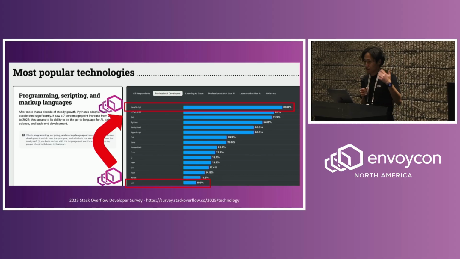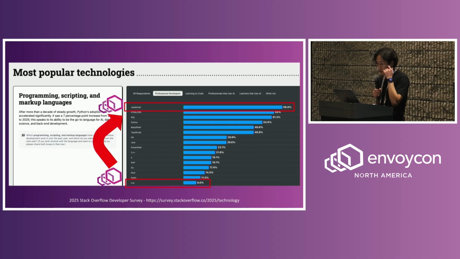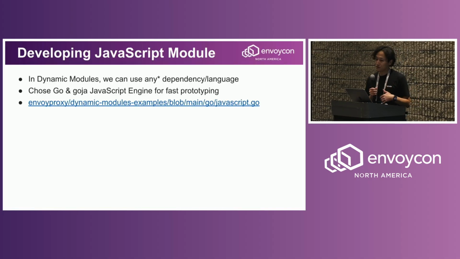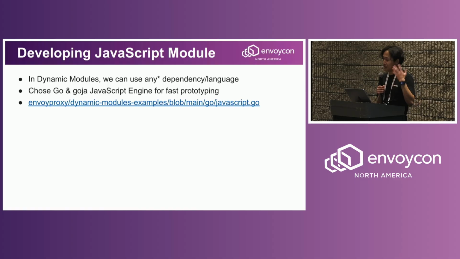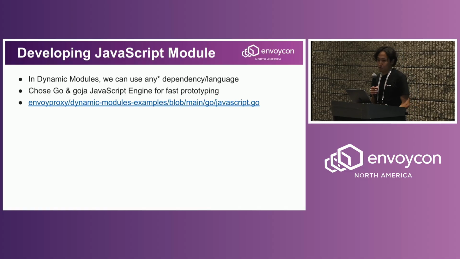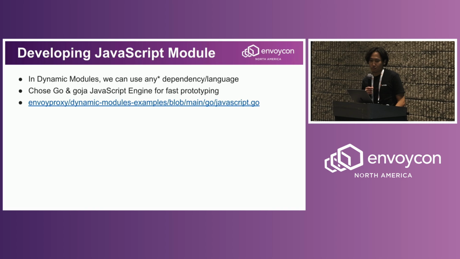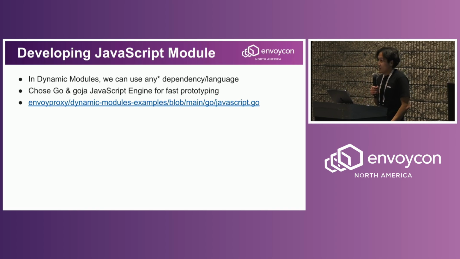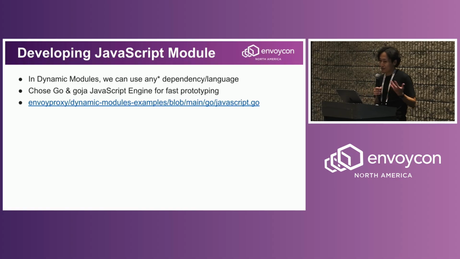That's the motivation behind this talk. So I did some prototyping, and I pushed the source code already to the envoyproxy/dynamic-modules-examples repository. So feel free to check it out. I chose Go and a Go JavaScript engine for the first prototype. But if you want to make it production ready, I would choose Rust and maybe JavaScriptCore or the V8 engine. But the point is that it's very easy to write things like this with dynamic modules.